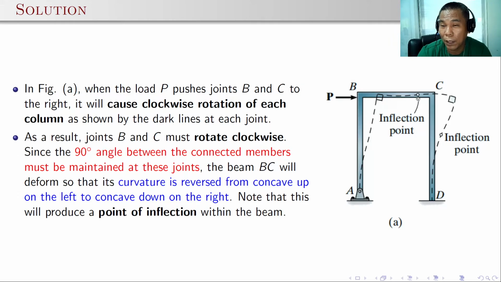So there will be an inflection point at almost half, or at the midspan, of BC. And aside from that, in column AB, since this is a hinge support, there will be a bending in that direction. But at CD, since this is a fixed support, there will be a change in curvature. So there will be an inflection point here.